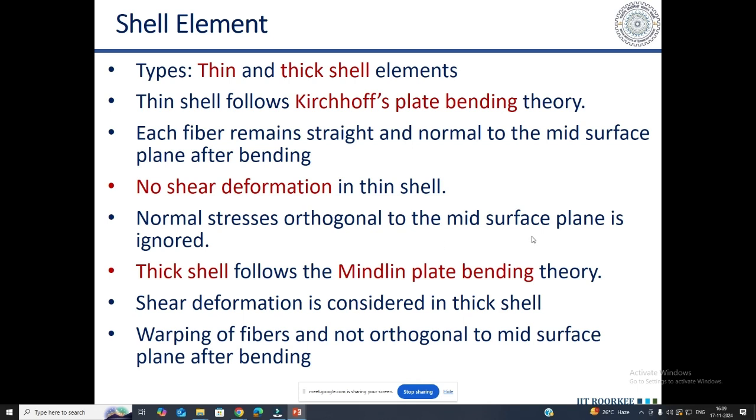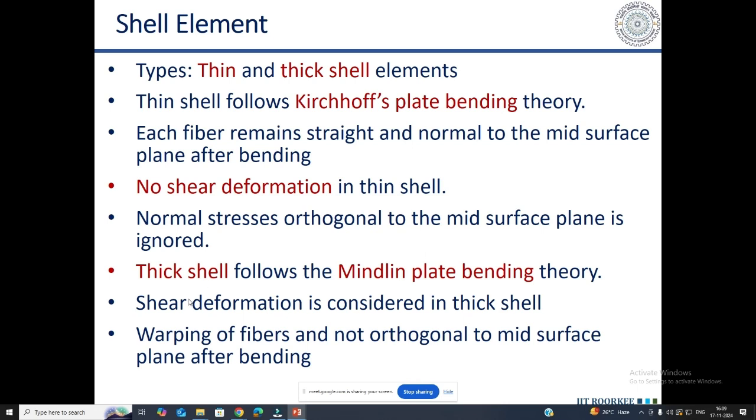So what it means, if you take a plate element like a slab or roof panel, and the normal stress perpendicular to the plane area is ignorable, means we generally ignore that because of the less intensity of that stress value. This happens because the thickness in the perpendicular direction to the plane surface is very negligible, and the plane area is considerably higher compared to the thickness.